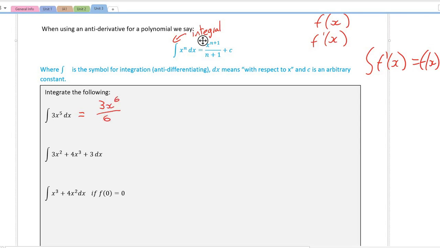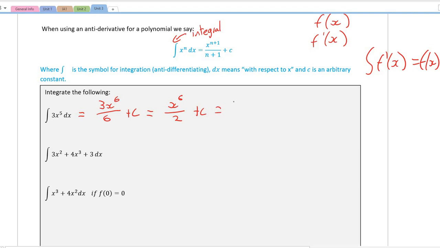So n was 5, and we plus 1 to it to get 6. So you don't need to do the plus 1 thing once you've added it to the power. Am I forgetting anything for my integral here? Plus c. Now, generally speaking as well, you would then simplify the fraction if you can, which would become x^6 over 2, because 3 over 6 is the same thing as a half, plus c.